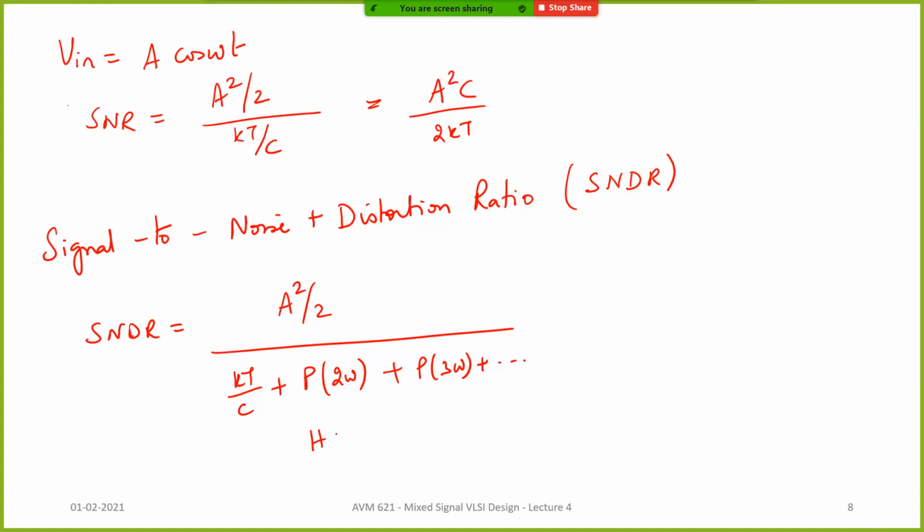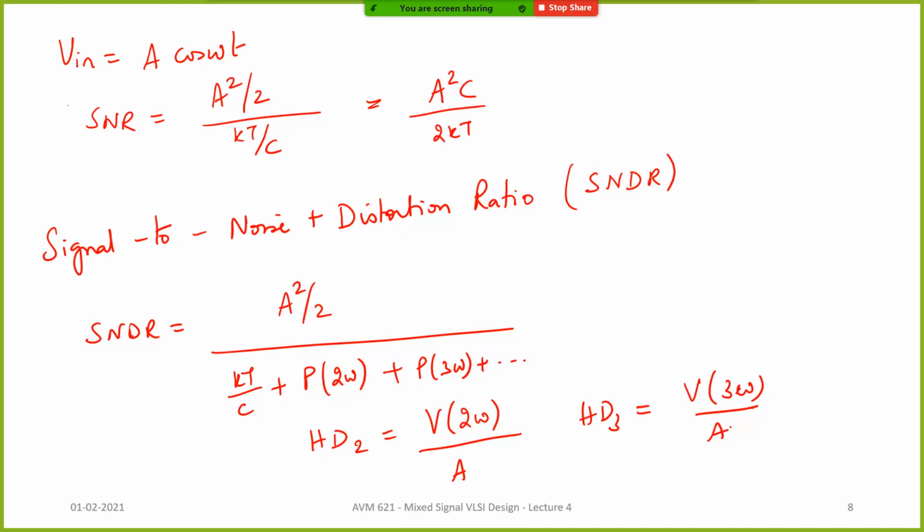You can arrive at P of 2 omega from HD. What is HD2? We said it's the amplitude of 2 omega divided by A, and HD3 is nothing but the amplitude of 3 omega by A. So if you bring the A down, you can write the same thing, but we can just stop with SNDR like this.